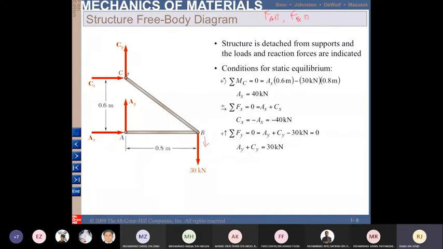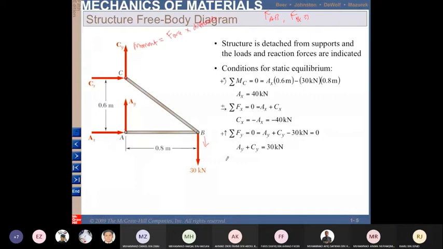Okay, so moment at point C is equal to AX times 0.6, the distance, because moment is equal to force times distance.